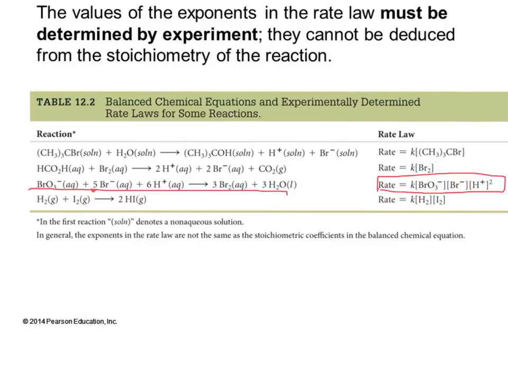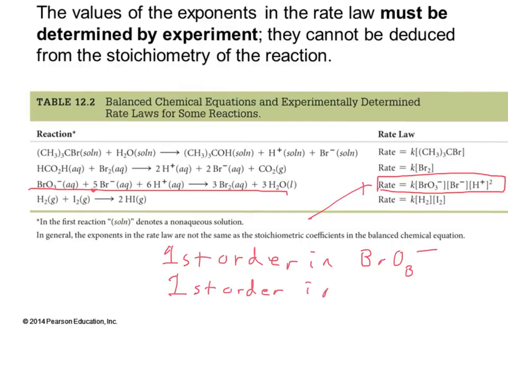Now, if we want to talk order, we would say that this reaction is first order in bromate. We would say that the reaction is first order, because they have an exponent of 1, in bromide. We would say the reaction is second order in the hydrogen ion.